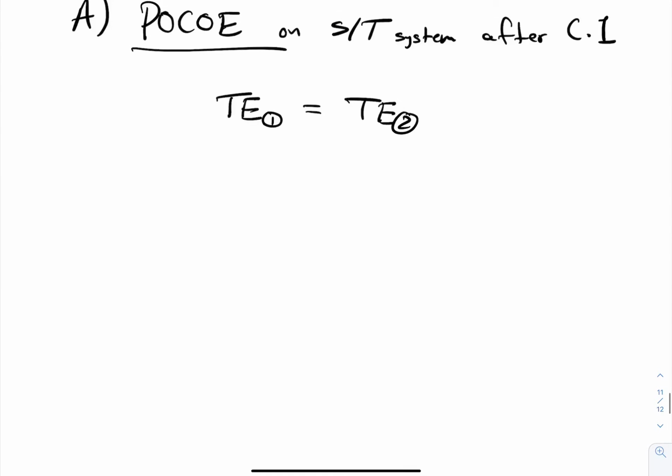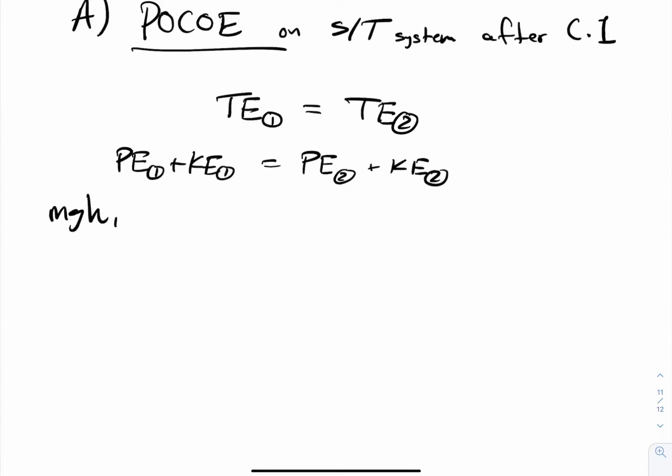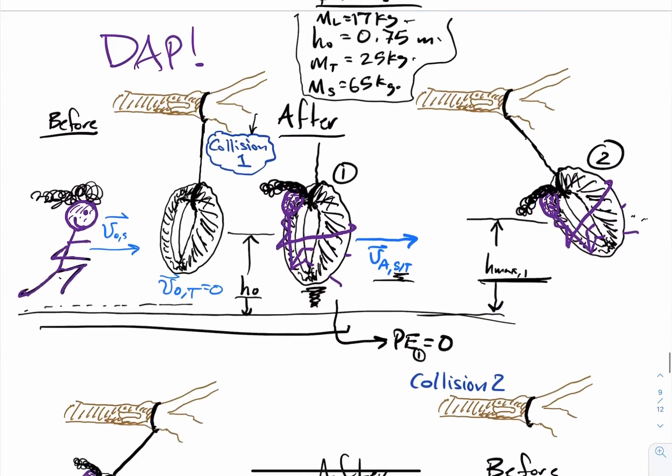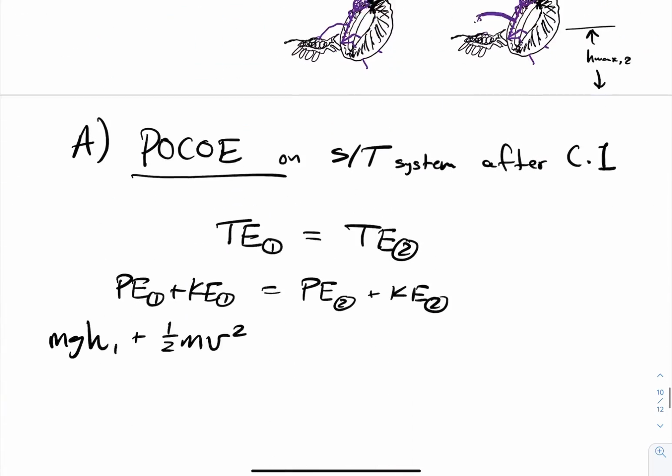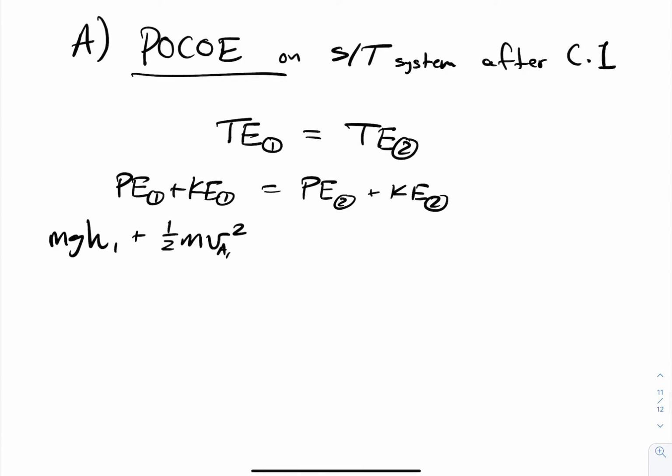So down here, we can now say the potential energy at 1 plus the kinetic energy at 1 will equal the potential energy at 2, the first max height, plus the kinetic energy at 2. These always have the same expressions, mgh1 for potential energy, plus 1/2 mv squared, and this would be v after, so it's after the collision for the Smoot tire swing.